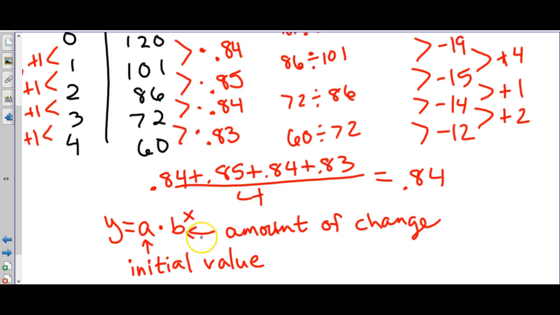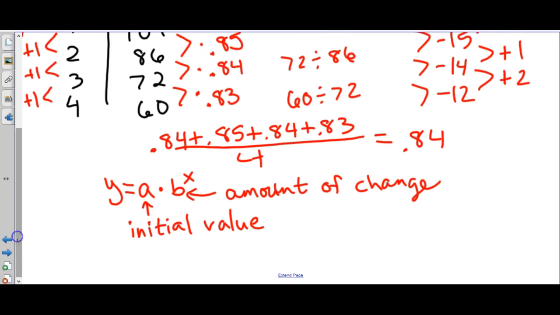So initial value is the value that goes with 0, where x is 0, y is 120. So that is what we put in for a. A is 120. B is that amount of change. Well, just to find if it's exponential, we found our amount of change. We averaged it out. It was 0.84. And sometimes they'd put this in parentheses. So that would give us our equation.